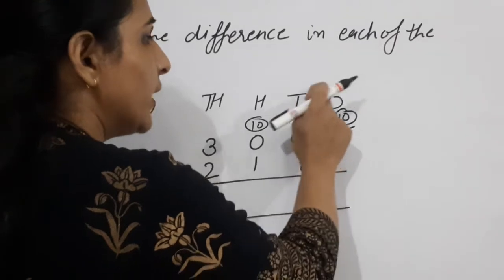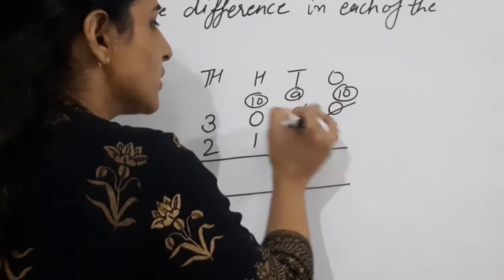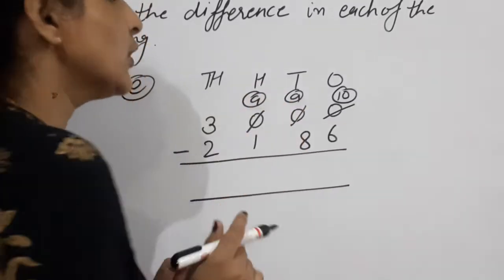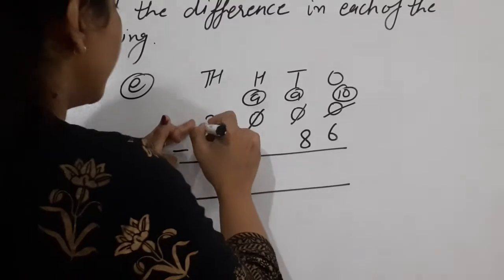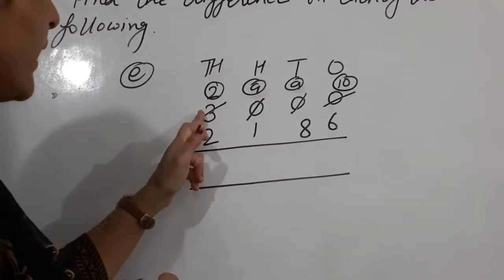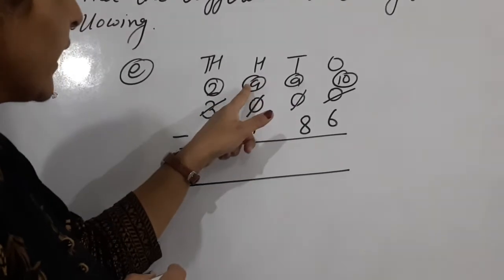Now we have taken the carry from there, so there is 9. So we cross it, and there is also 9. Clear? And there is 2. From the thousand place we take the carry, we make 10 here. Again we take the carry from there.